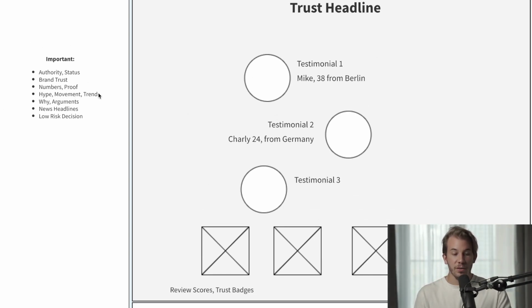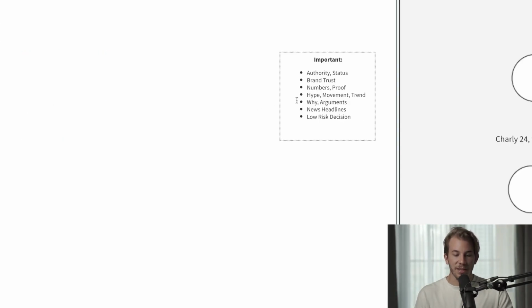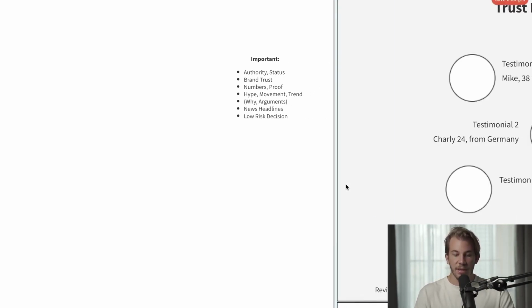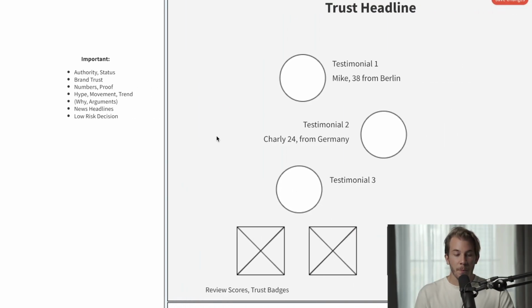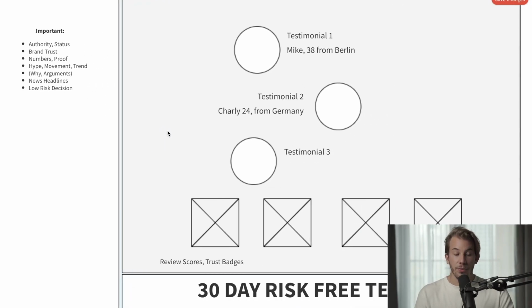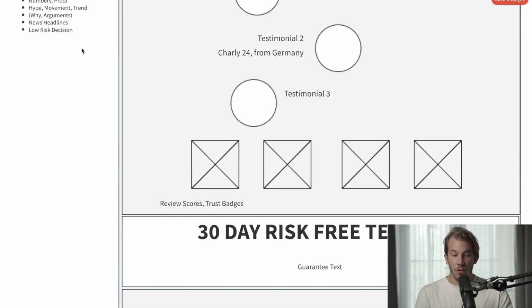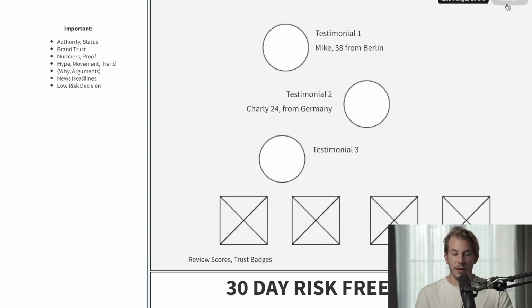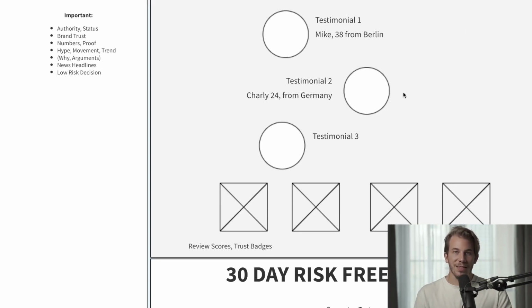Hype, movement, trend, why, arguments. Okay, there's not really a place for that in the trust section, as we have covered that in other sections. And yeah, if you offer some sort of low-risk decision, remember, we want to have a low-risk, low-barrier funnel, a customer journey where people can easily proceed with the next step.